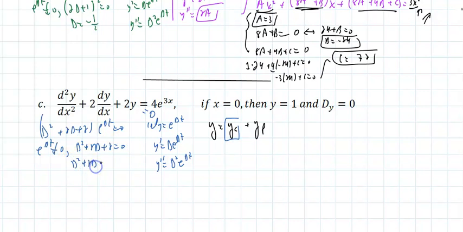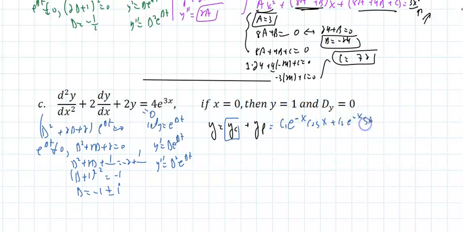Take half of the middle number, which is 1, and square it. D plus 1 squared equals negative 1. D equals negative 1 plus or minus i. So I know the complementary solution is c1 e to the negative x cosine of x plus c sub 2 e to the negative x sine of x. There, that part is done.